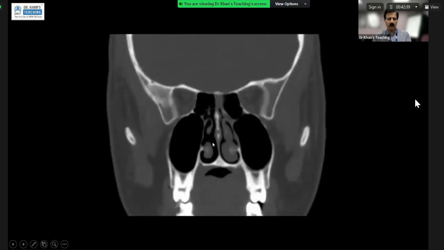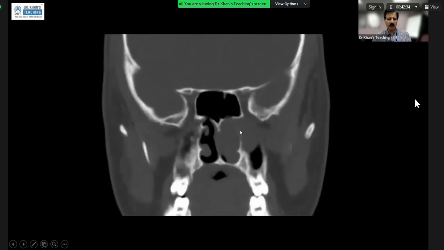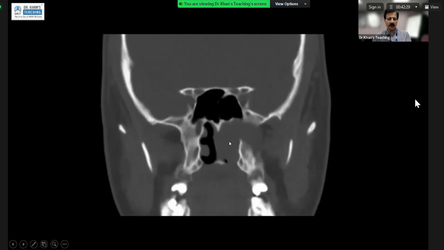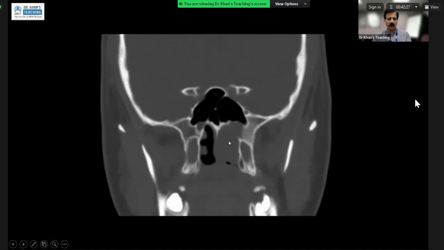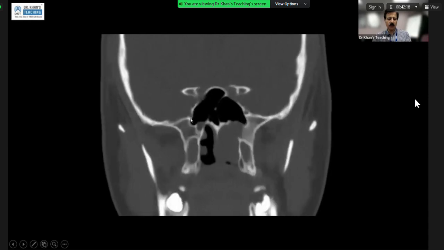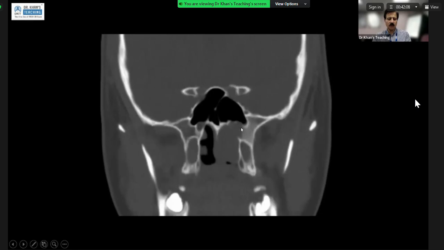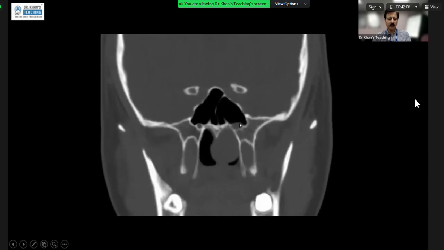And on a coronal, this is the tumor, but our aim is to look at the Vidian canal and the foramen rotundum. Now remember that on the lateral side of the sphenoid is the foramen rotundum. This is foramen rotundum, looks normal. Now look at this. This is the Vidian canal. And you can see that this is the Vidian canal on the right side, and this is where the tumor is. So candidate 3, what is happening here?